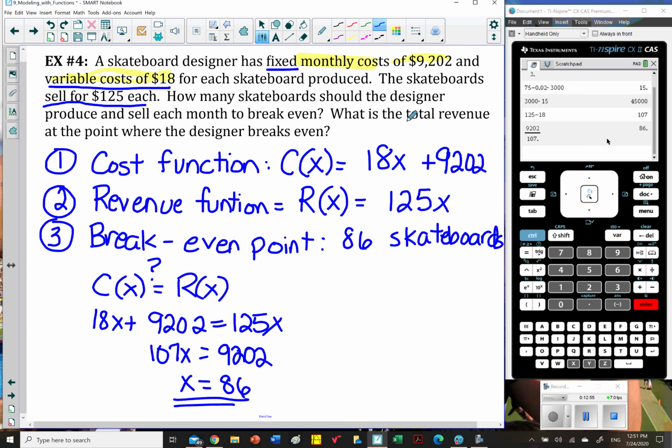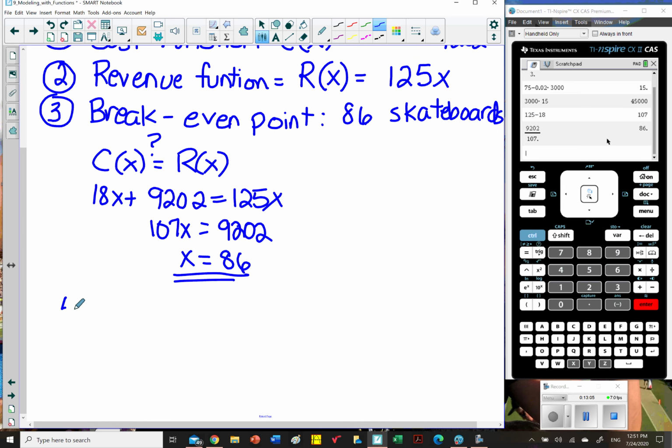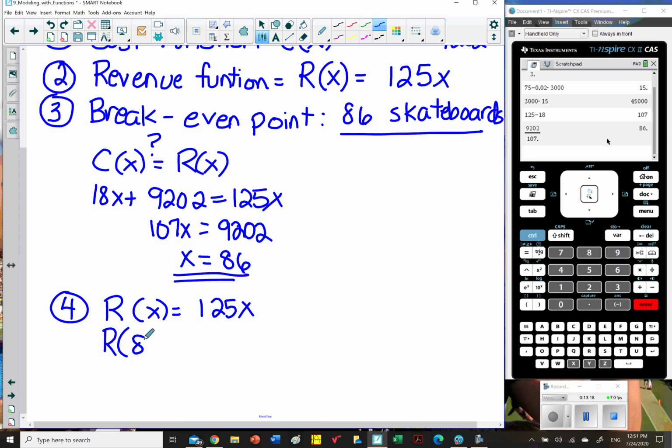And then we want to know the total revenue. So the revenue is sales price times the number sold. So revenue is 125 times how many sold. So if our break-even point was 86, we have to bring in this much money just to pay the bills.